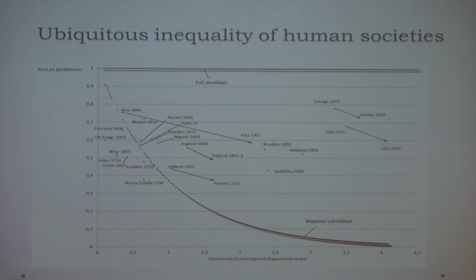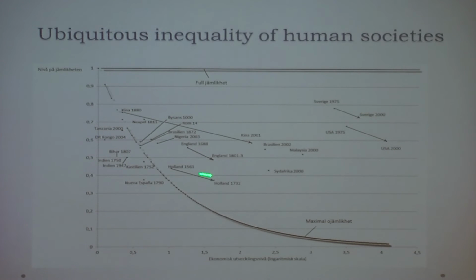And you see here, there are a number of societies like Sweden in 1975, Sweden 2000, and an arrow indicating that during that 25-year period, GDP rose substantially, but so did inequality.